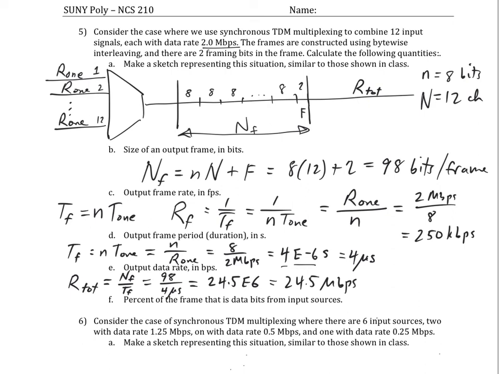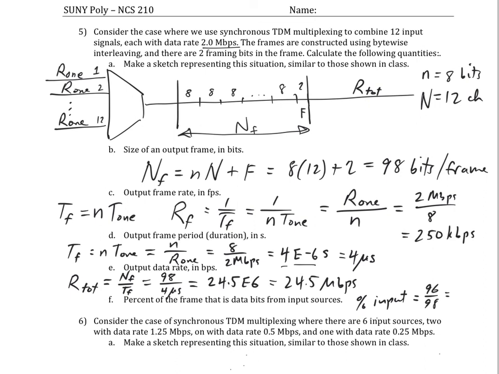Okay? Finally, the percent of the frame that is data bits from input sources. And this is easy to calculate. Percent from input is, well, 96 of those bits are from input sources, and 2 of the 98 are not, and so 96/98.